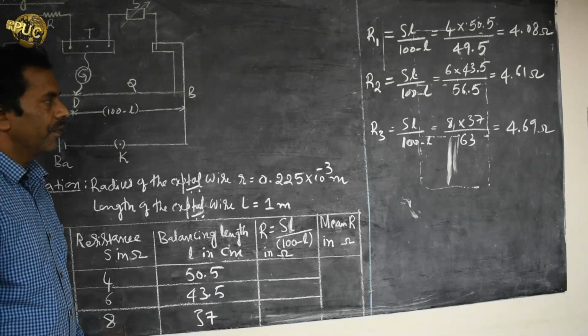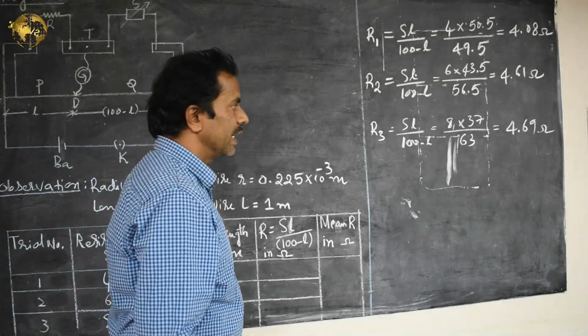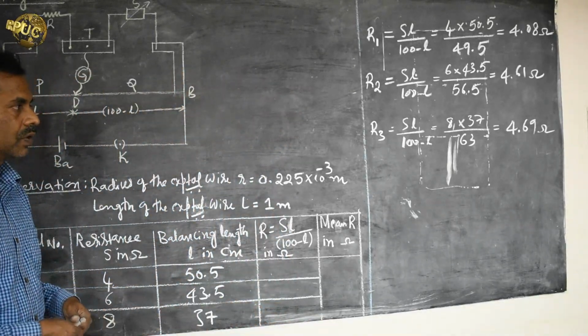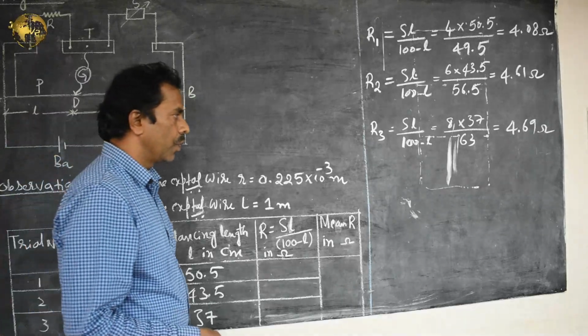Take the mean of all these three resistances and that will be the final resistance of the experimental wire.